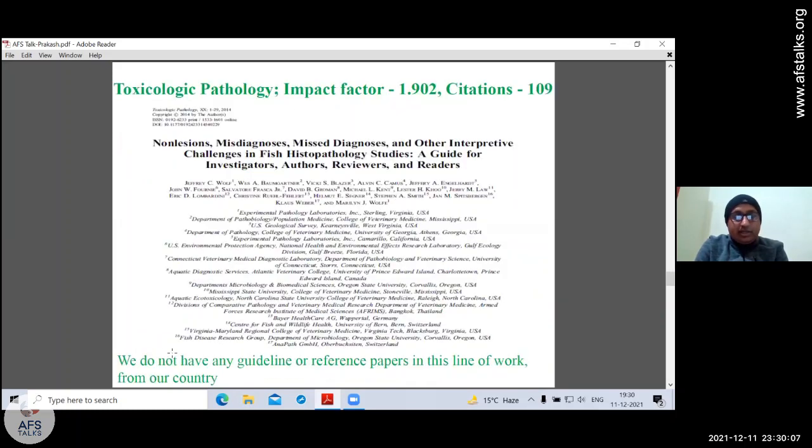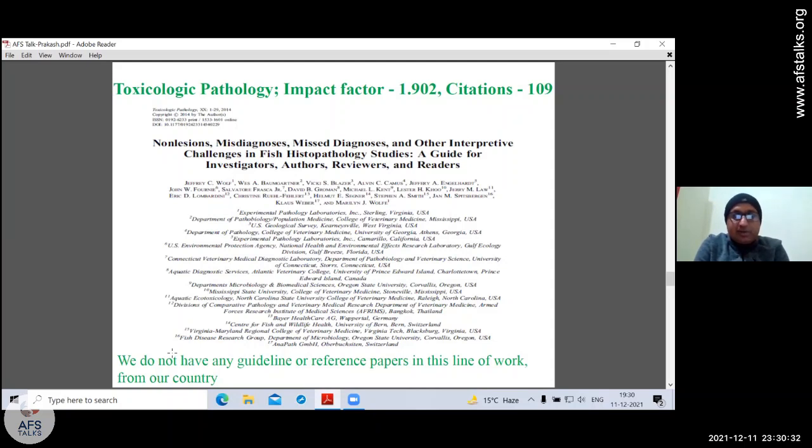Another interesting paper I saw was a reference paper brought by some experienced professors, mostly from the US, and some from Germany and Switzerland.